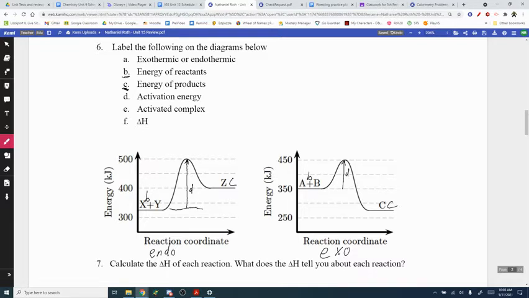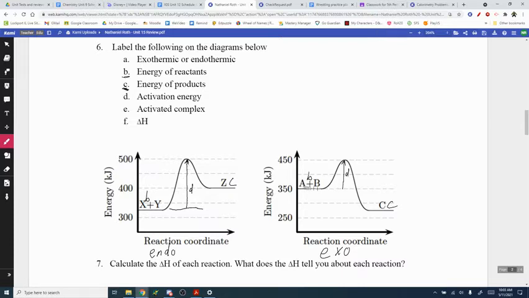Oh, and I guess we can do the math there. So this one, it looks like the reactants are at about 325. The top of the hump is at 500. So we just subtract those and we get 175 for this one.